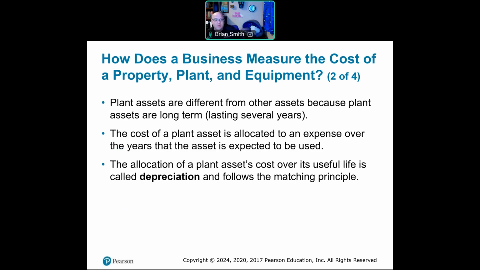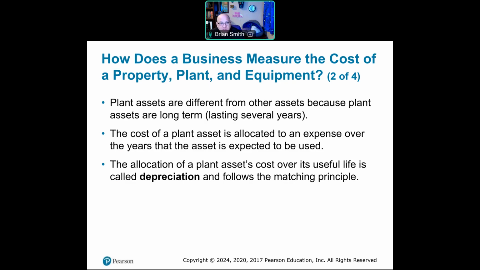How does a business, I'm going to read the slide properties. Bottom line is what we need to do is we can't violate the expense recognition principle. When we purchase a plant asset, it is a lot of money.